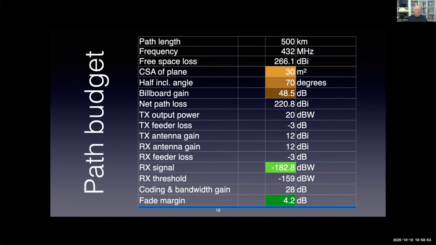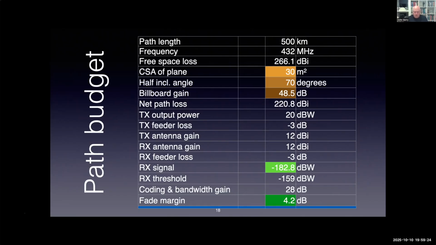You can sense the presence of a dot, dash, and just not the presence if you're on the noise or if you're just a little bit below the noise. But you won't get 28 dB. That's a factor of almost 1,000 improvement. That won't happen. We're using these machine generated modes, in this case the coding and bandwidth gain of 28 dB. So that's using Q65. Yes, it will work.